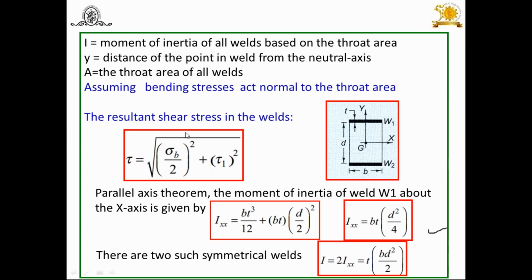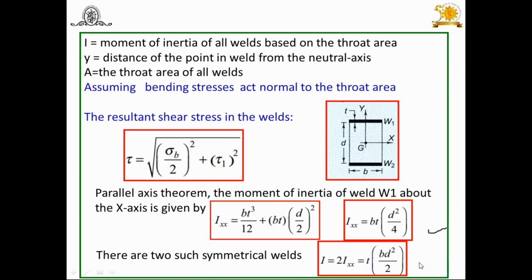Okay. So the important thing is to find out sigma b, M y by I, is the important one. And in yesterday's case, when the welded joint is subjected to eccentric load in the plane of the weld, that time to find out the secondary shear stress, M r by J. J means polar moment of inertia. How to find out the J?